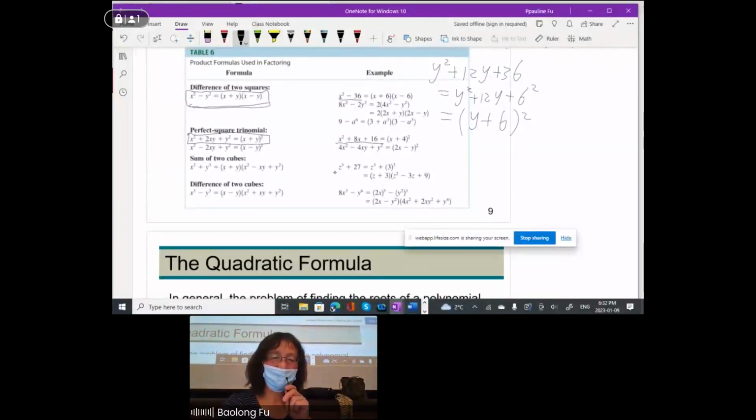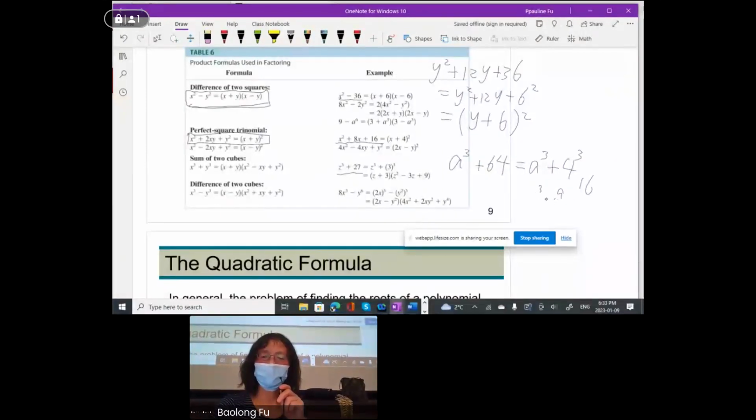Okay, next, I will give you an example similar to this one. So I will say a cubed plus 64, factor this one. We know 64 is 4 raised to power 3.